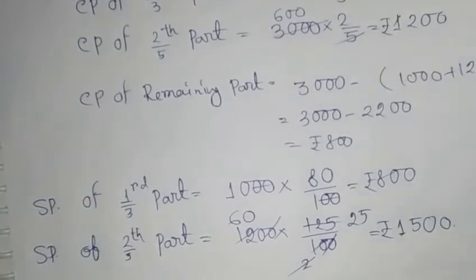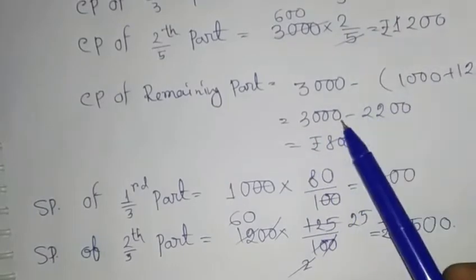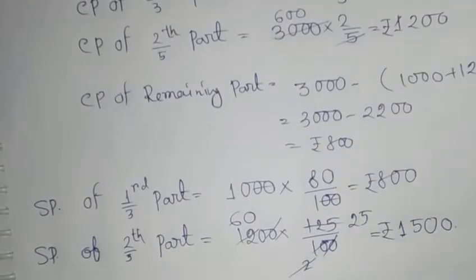Okay, now we need to sell the remaining part, and we need to find the selling price so that overall there is 10% profit.